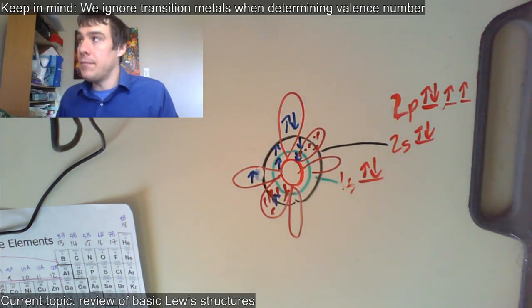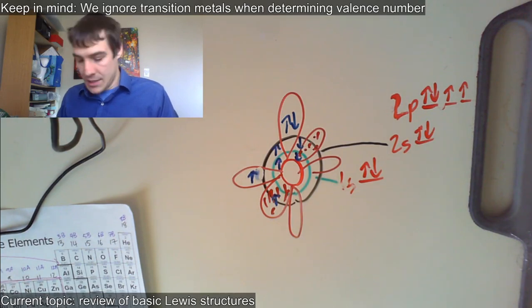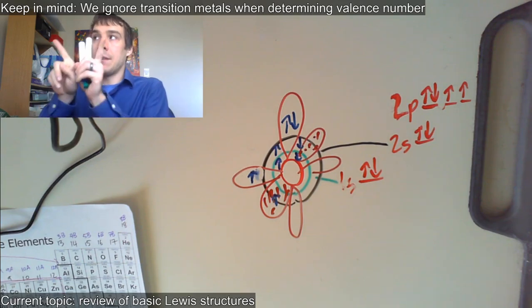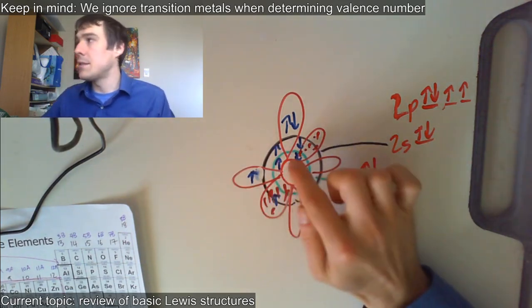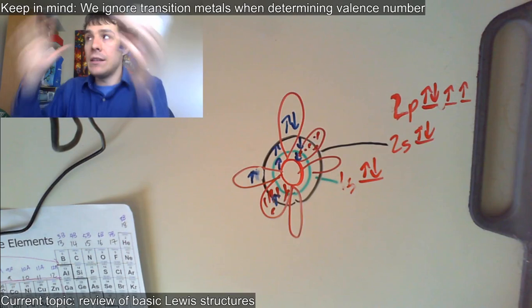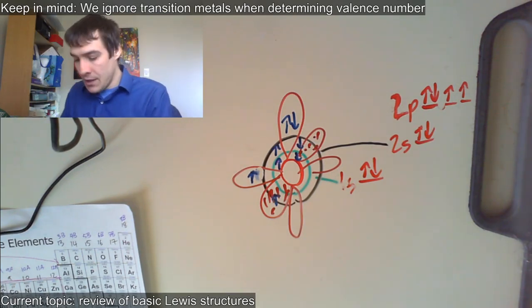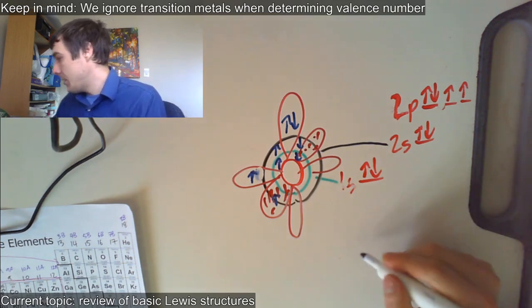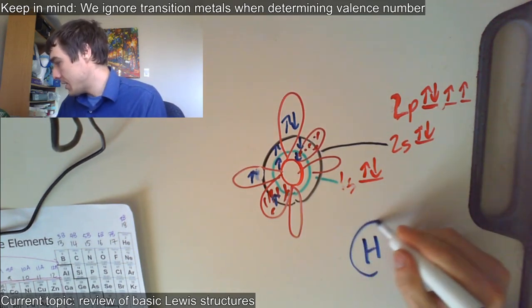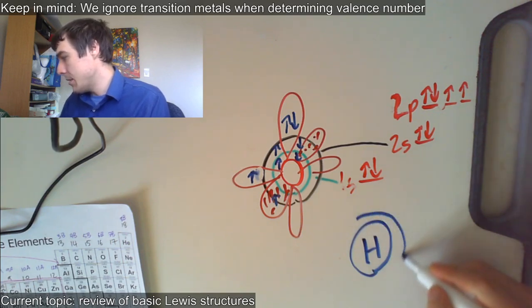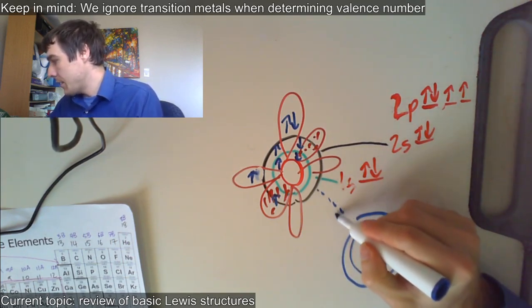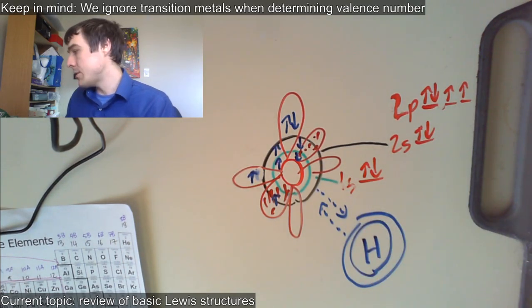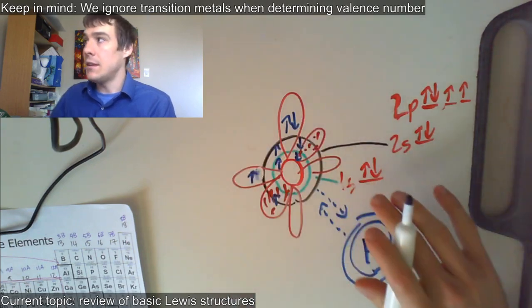And if that were true, we'd expect it to make 2 bonds, which is fine. But we'd expect that bond angle to be exactly 90 degrees because these are 90 degrees to each other. But what we actually see is the electrons spread out in a cloud. So the theory goes, when the hydrogen comes in, which just has a single s orbital, there's this kind of mutual interaction, this pull for electrons, and it changes this arrangement.